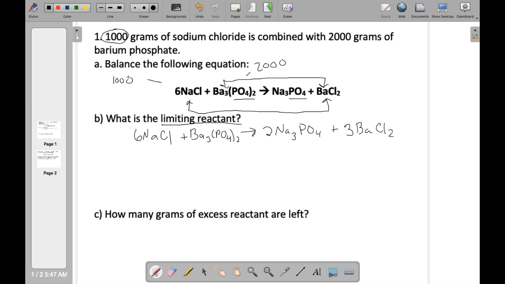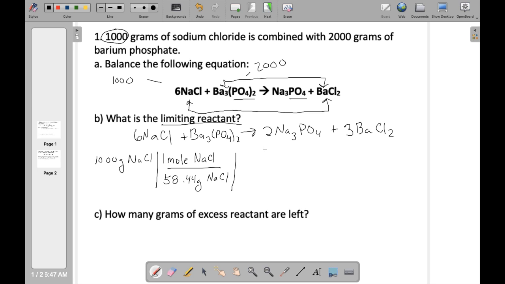So let's start off. 1,000 grams of sodium chloride. I will convert it to moles. 1 mole of sodium chloride. I will find the molar mass of this with the periodic table, and it's about 58.44 grams of sodium chloride.